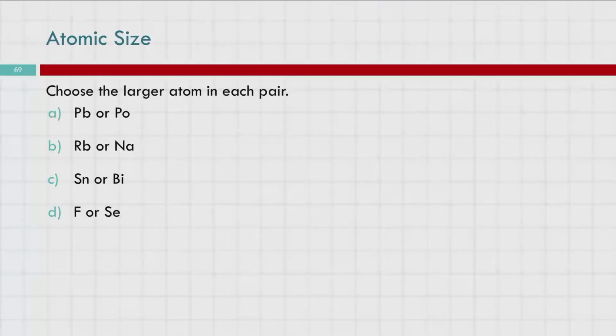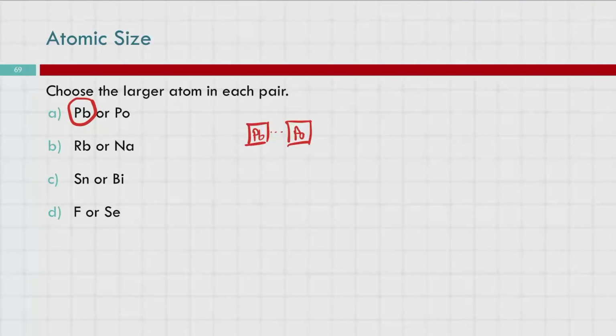We've got comparisons. Pb and Po. I will draw in their relative ordering to save us some time. So on the periodic table, you would find them next to each other. They're in the same row. Pb is on the left, Po is on the right. Which one's going to be bigger?